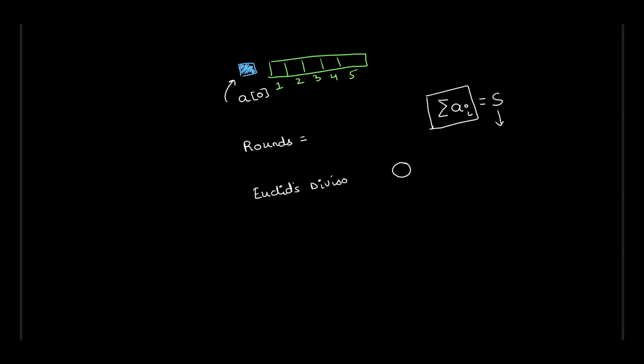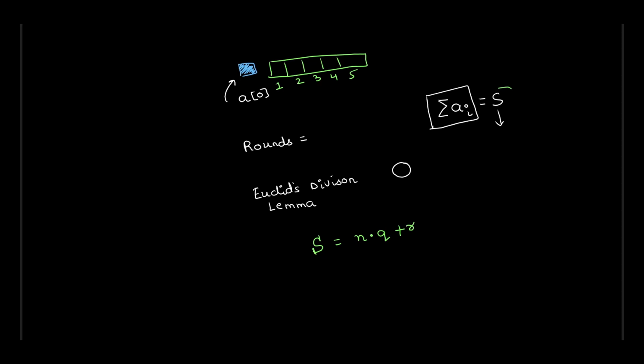so this is actually a very important concept. From Euclid's division lemma, you know that you can write any number S as equal to n into quotient plus remainder, because right now we only have two numbers to deal with.